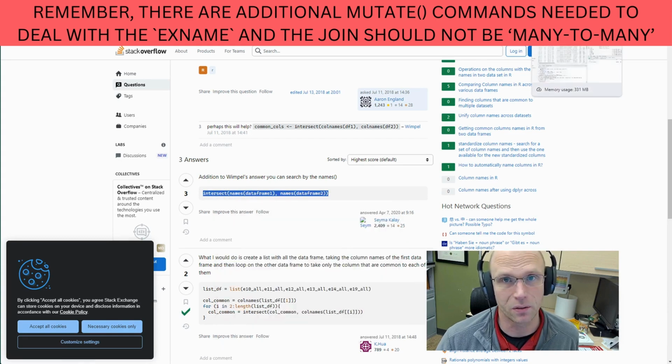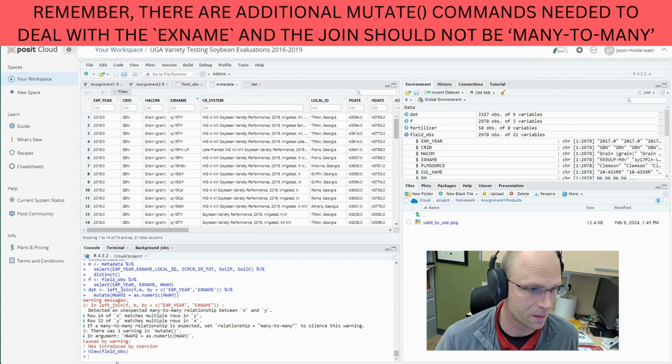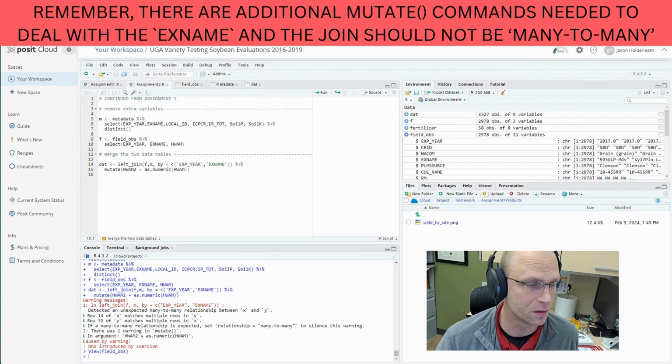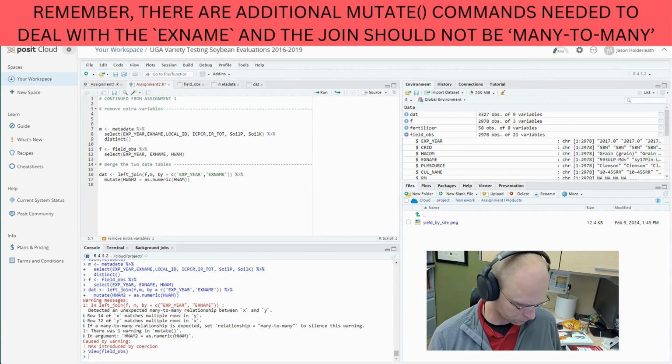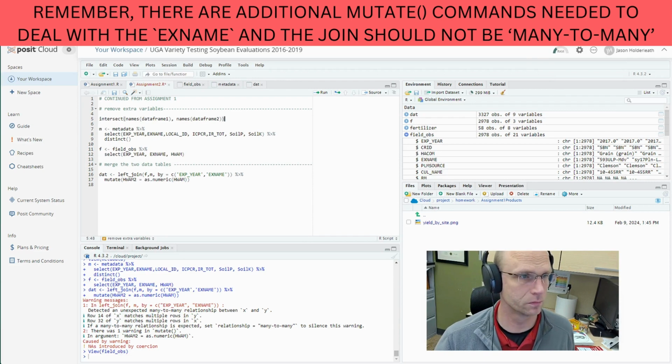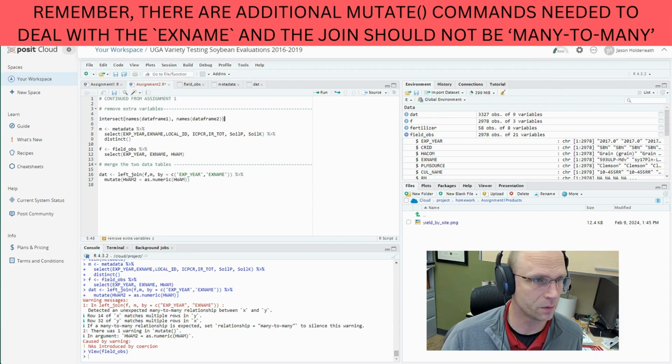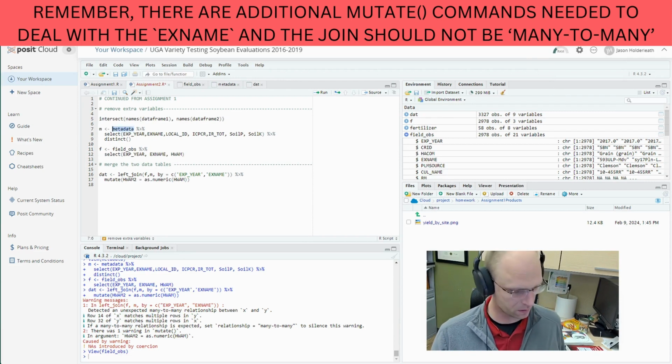Let's go back to Posit, and we'll go up to our script. And we want metadata.